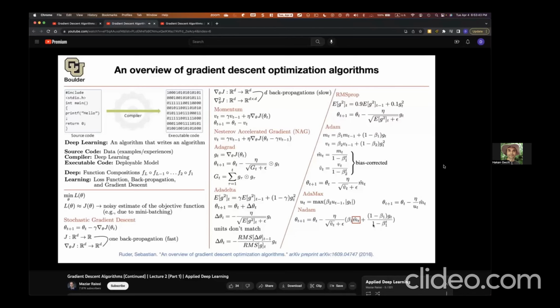Why am I introducing all of these methods to you? Because first, whenever you read a paper, they're going to use one of them. Why is that? Why is there not a consensus of which method to use? It is because deep neural networks are totally different from each other.